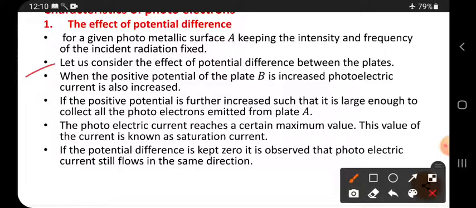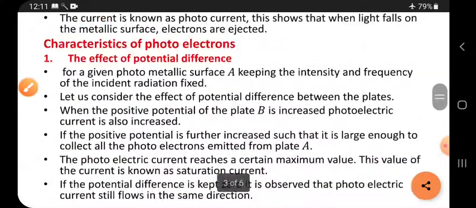Let us consider the effect of potential difference between the plates, that is, what happens when the potential changes. When the positive potential of the plate B is increased, the photoelectric current also increases. Why is it positive potential? See the diagram.